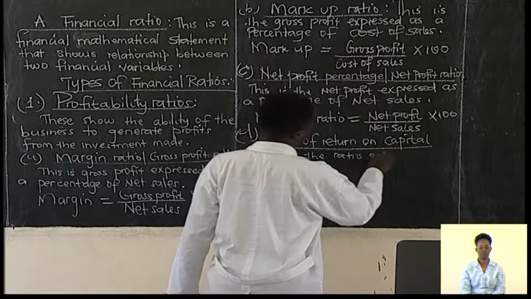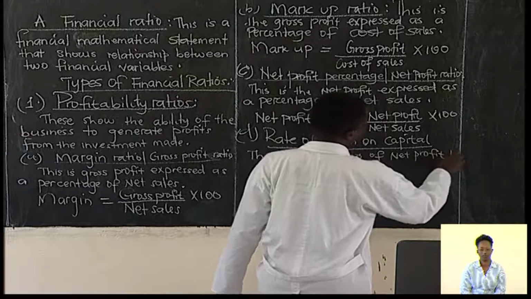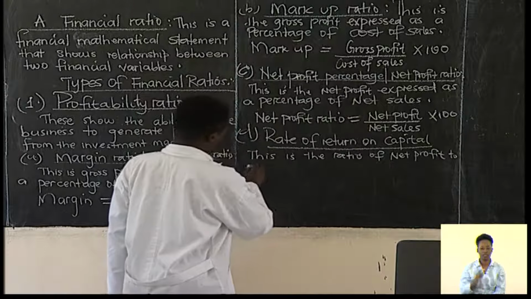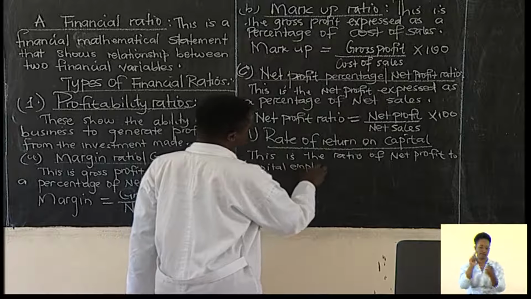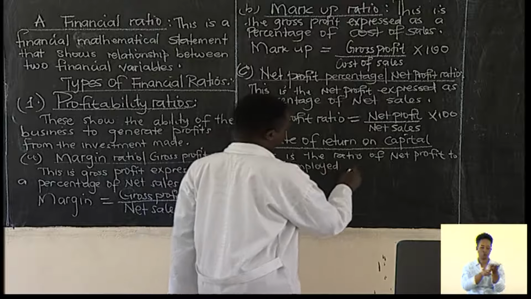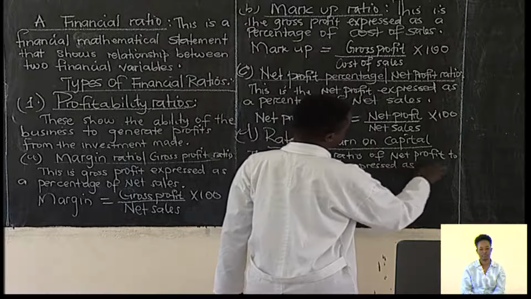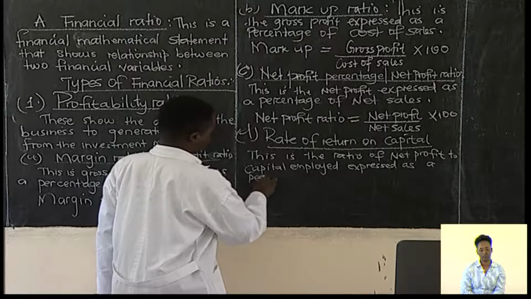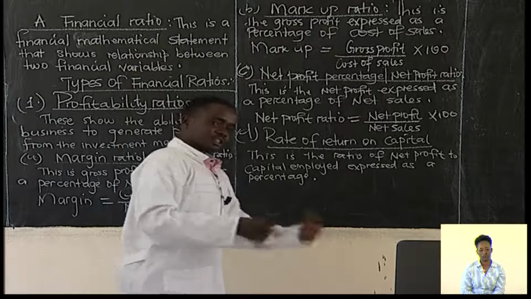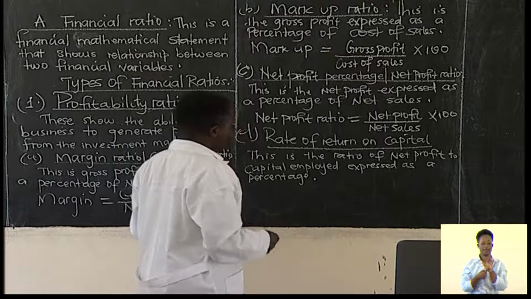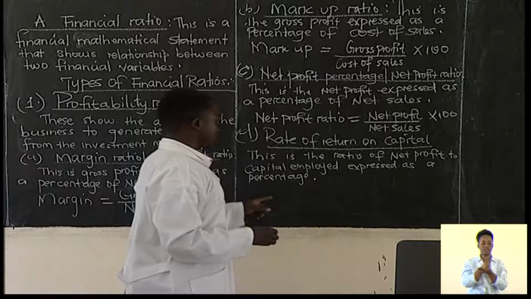So this ratio is the ratio of net profit to capital invested or capital employed, expressed as a percentage. So it measures the efficiency of how a manager uses capital given to him to generate net profit.